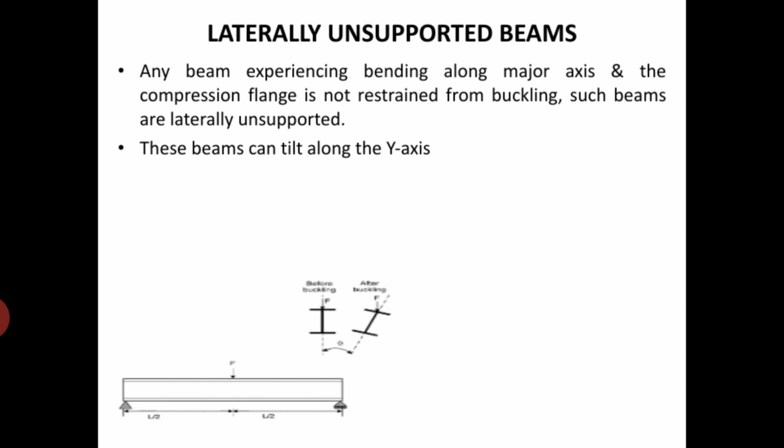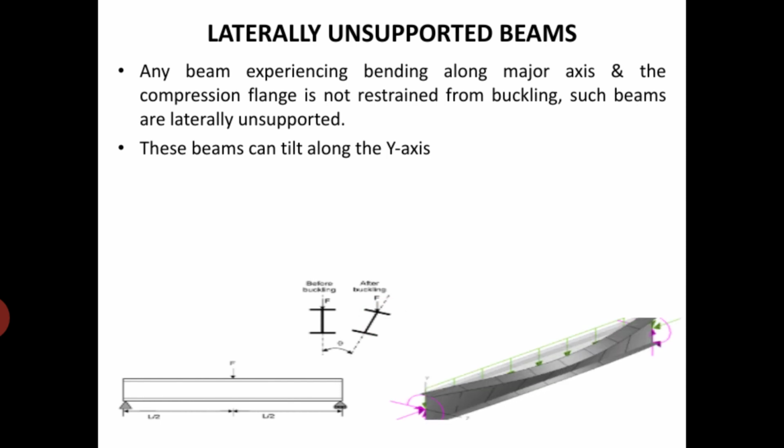See, before buckling this was the position, and after buckling, this is the position. This is the buckled form of a beam, and these beams tilt along the y-axis. It is interesting to explain the phenomenon of lateral buckling here.